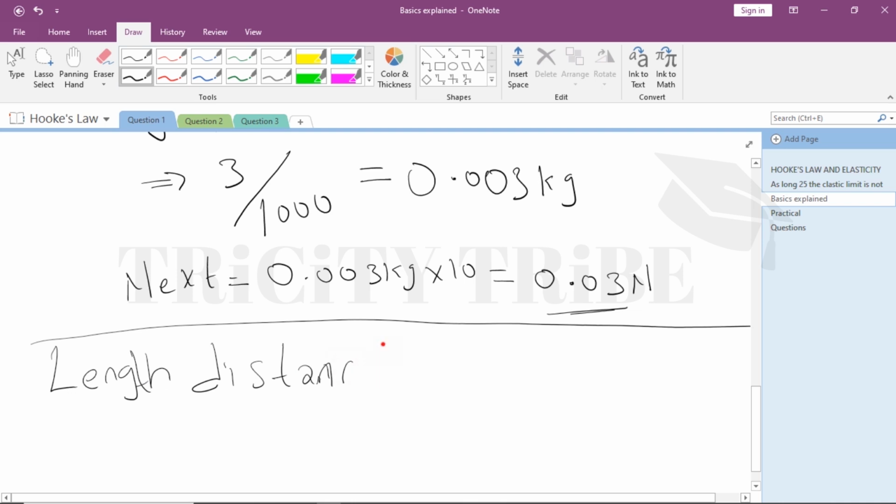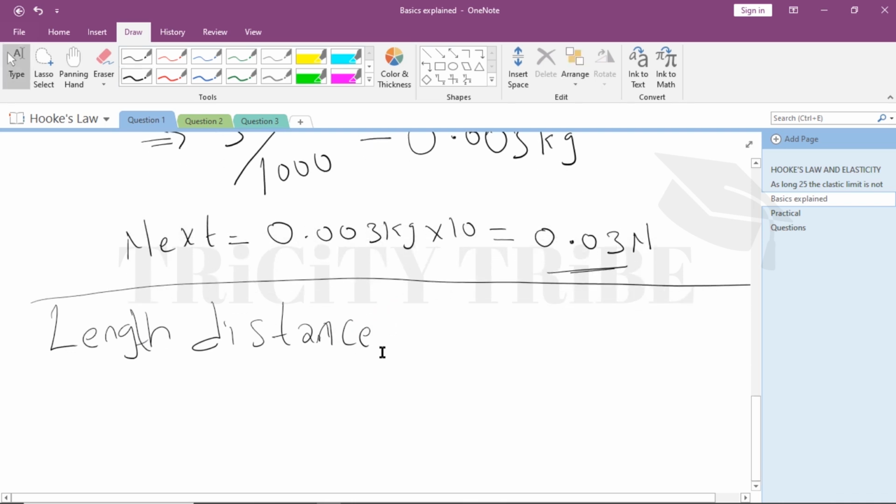Now, I want you to understand that when dealing with Hooke's law, remember that the formula is what? Once again, F is equal to what? K E. So we've talked about force, right? Now I want to talk about the extension, which is E.